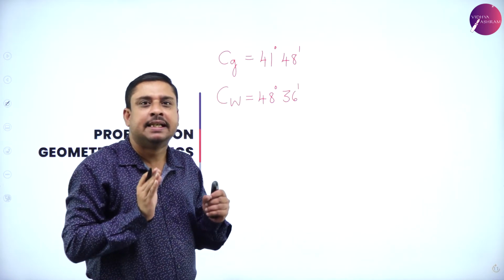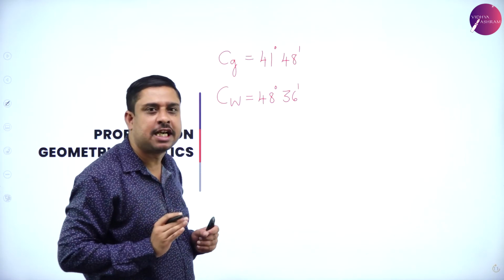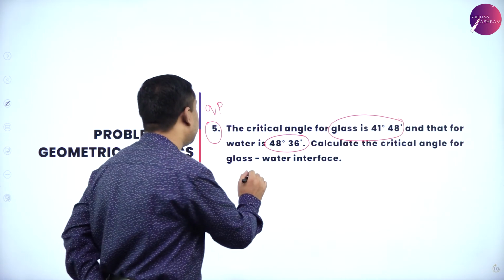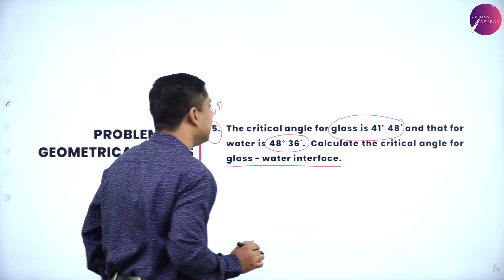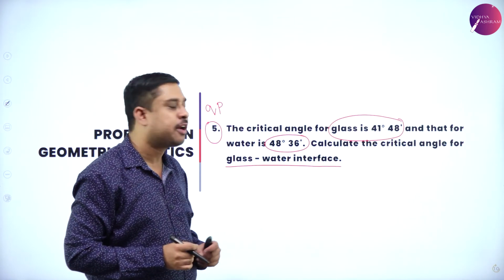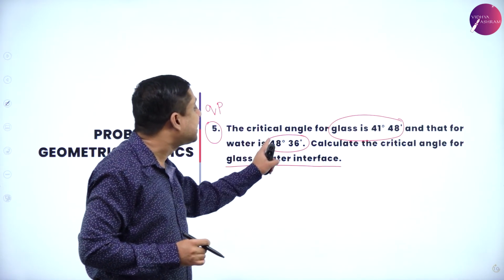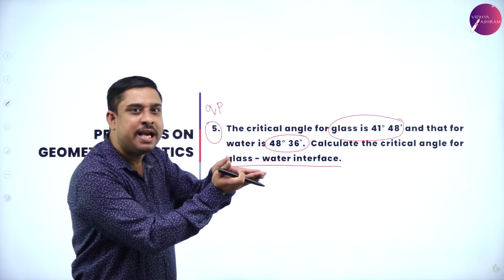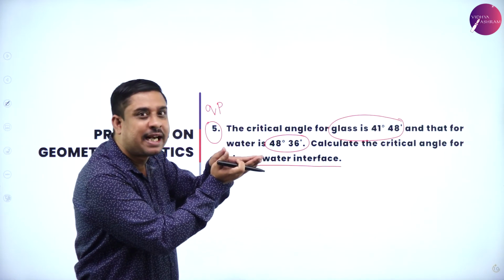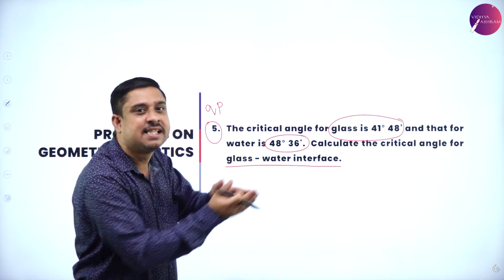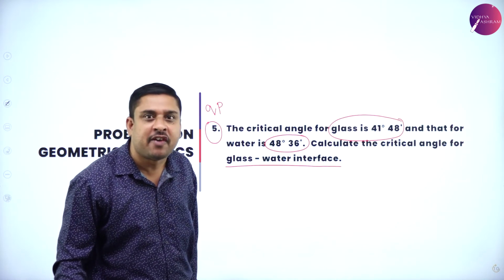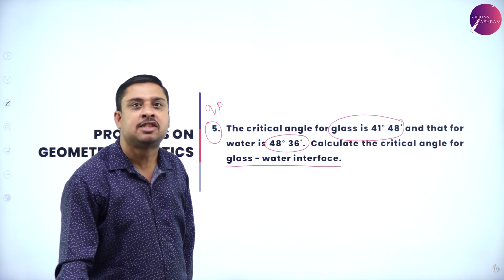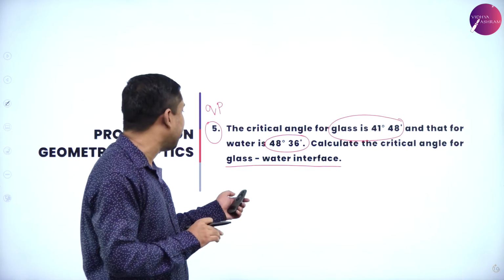So for both glass and water, critical angle is given. I have to calculate the critical angle for glass water interface. When glass is placed on water, there is a region in the middle, we call it the interface. You have to find the critical angle for glass-water interface.